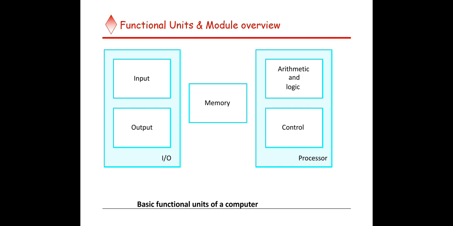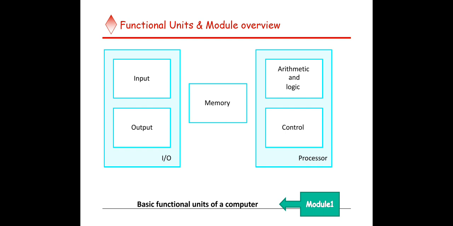It does the arithmetical and logical operations, processing, and when it is reading from memory or writing into memory, controlling is required. That part is done by the control unit. So these are the basic functional units of a computer, and this diagram itself will give the module overview also.